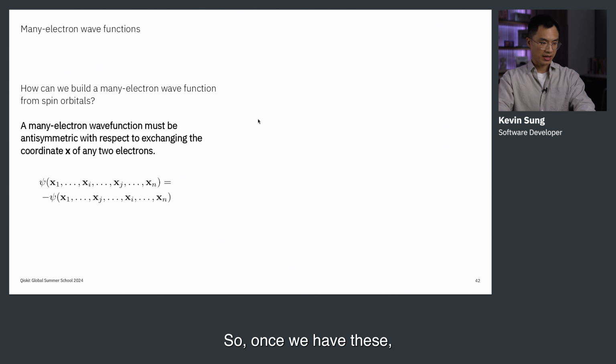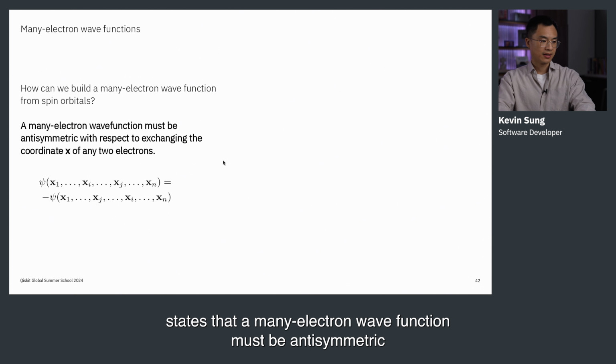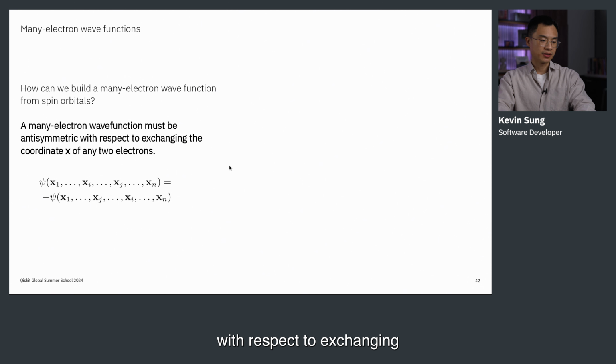Once we have these basis functions, these spin orbitals, how can we build a many-electron wave function from them? Well, a fundamental postulate of quantum mechanics regarding fermions states that a many-electron wave function must be antisymmetric with respect to exchanging the coordinates of any two electrons.